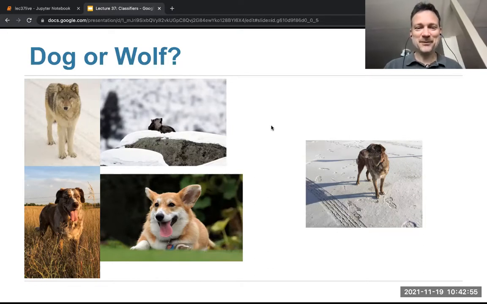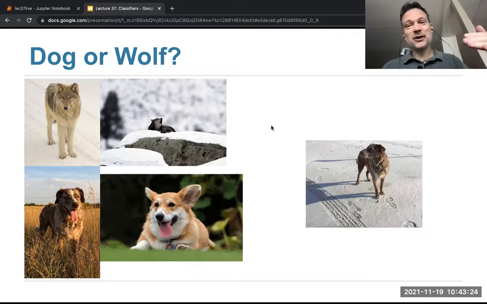The snow, the background. It's really easy for a machine learning classifier to look at the background. And these pictures of dogs typically are on a colorful background. And the pictures of wolves are typically on a white background in the snow. And telling a dog from a wolf is really challenging. But telling white from colorful is much easier.